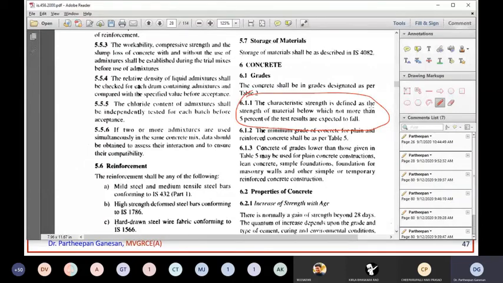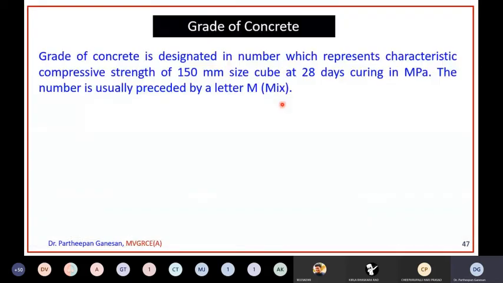The characteristic strength is the value below which not more than 5% of test results are expected to fall. The minimum grade of concrete for plain and reinforced concrete is mentioned there. Grade of concrete is designated by a number which represents the characteristic compressive strength of a 150 mm cube at 28 days curing. The number is usually preceded by the letter M.